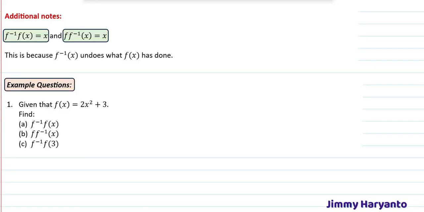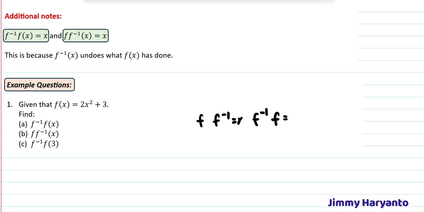Okay, next is additional notes. For f inverse of f(x), the result will become x. So if you have f inverse followed by f, or you have x and you have f and then followed by f inverse, the result of the composite functions will be x.